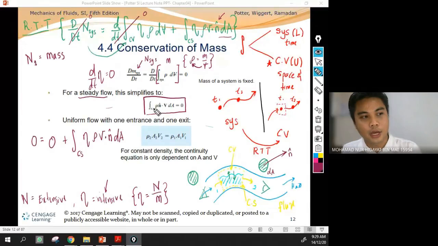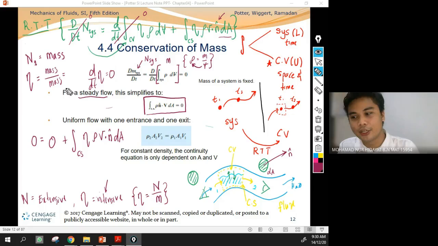However, this one doesn't have any intensive property. Remember, we focus on conservation of mass. So for conservation of mass, in order to replace the intensive property, remember intensive property is extensive divided by mass. So what is the extensive, which is mass? Divide by mass. So what's the answer? Mass divided by mass, you get 1.